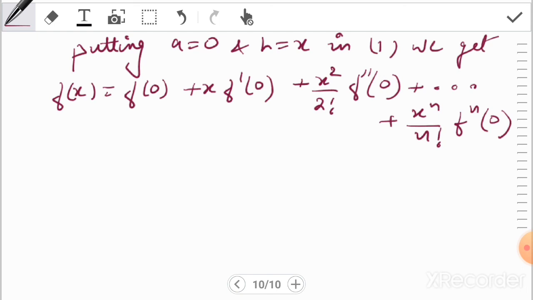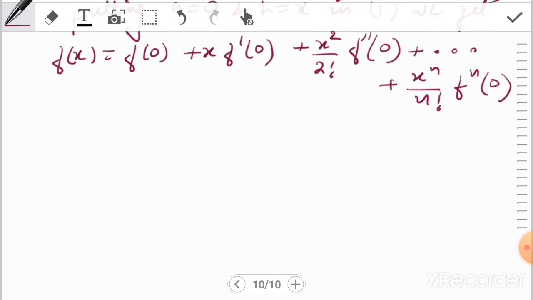So let us find the series expansion of sin x. f(x) is equal to sin x.